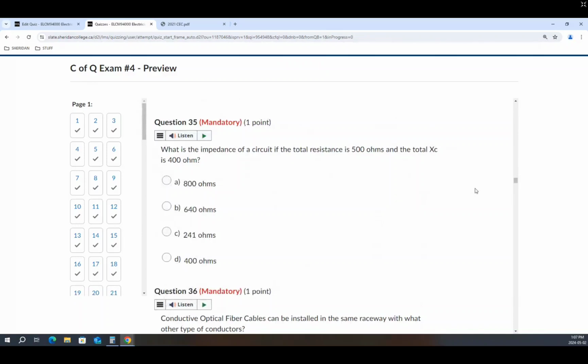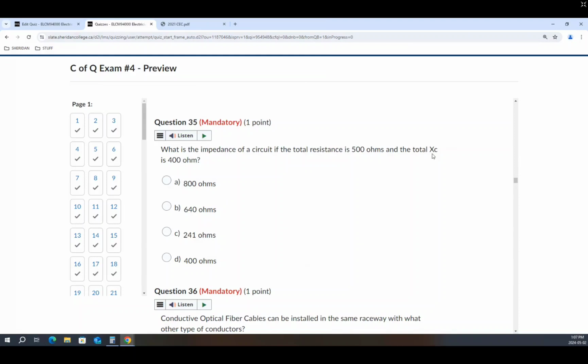Question 35. What's the impedance of the circuit if the total resistance is 500 ohms and the total capacitive reactance is 400 ohms?